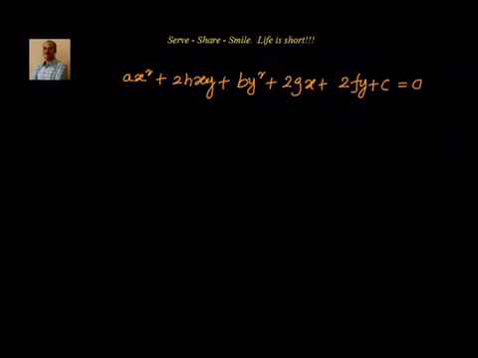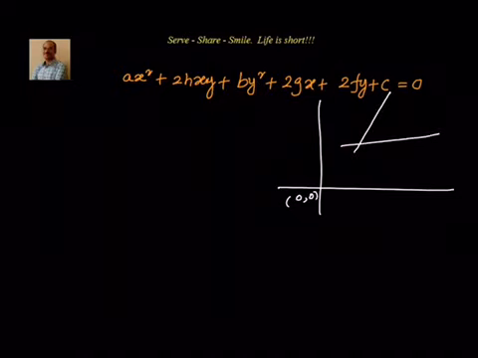For that, we'll try to plot this pair of straight lines, just an arbitrary diagram for our understanding. Let us say this is our origin (0, 0), and these are the two straight lines which are intersecting with each other, and combined they represent ax² + 2hxy + by² + 2gx + 2fy + c. Let us say that these two intersect at a point (alpha, beta).